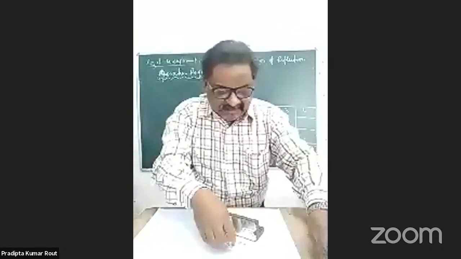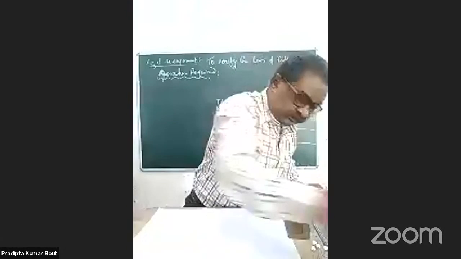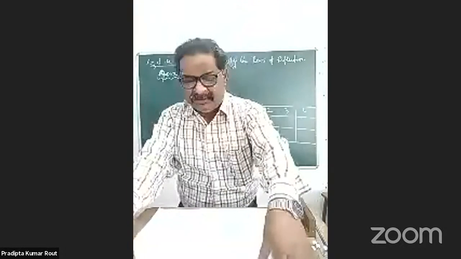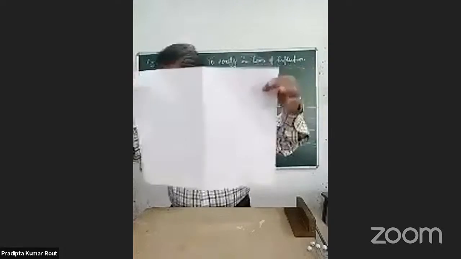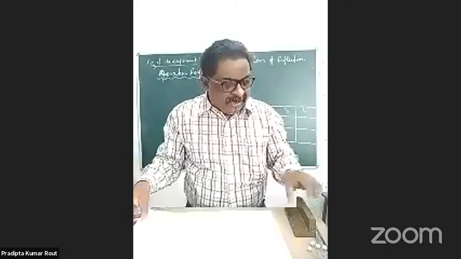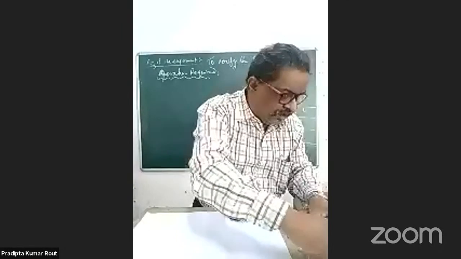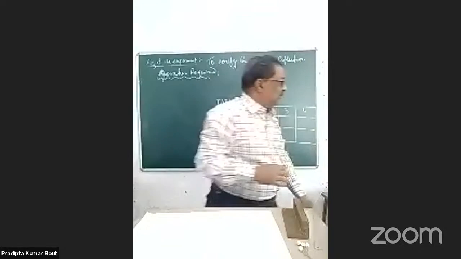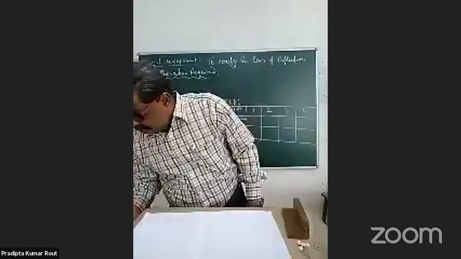Then sheet of paper. One sheet of paper over here, plain paper, foolscap paper, you take. Okay, then half meter rule. Half meter rule actually here I have not brought, it is in lab only. The half meter rule is there, sir. So half meter rule is there in our lab.